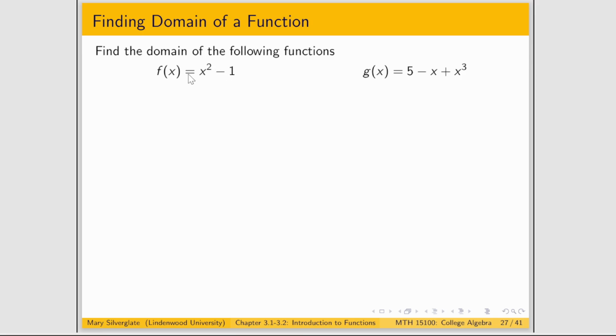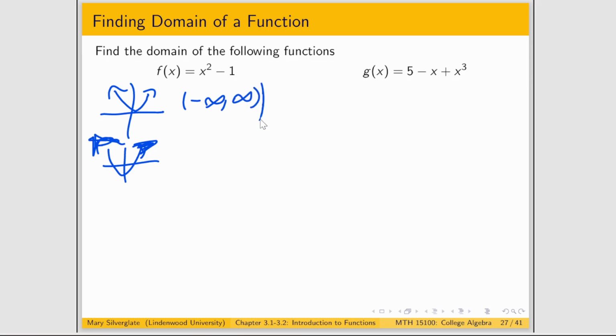So actually here, there's no issues with the domain. If I were to plug this into a graphing calculator, I would find that it looks somewhat like this, but where I've got arrows going off to infinity in both directions, which means that all x's are allowed to be inputted. So here, the domain is just negative infinity to infinity.